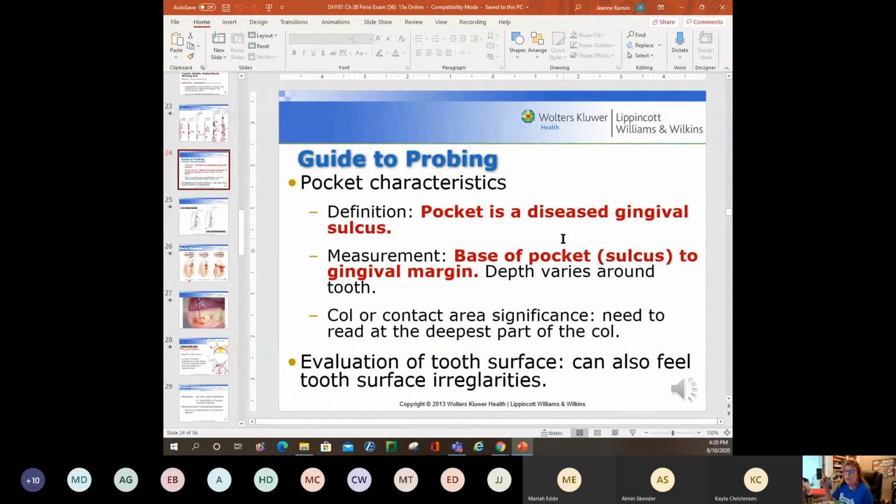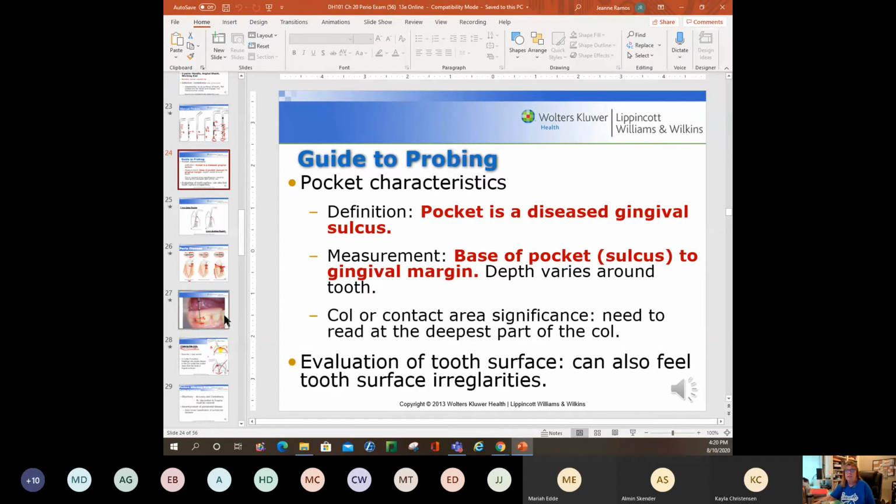The depth will vary around the tooth, and you measure from the base of the pocket to the gingival margin, wherever that gingival margin is around the tooth, and it could be at different heights. With the calculus or contact area, the significance is that you need to read at the deepest part of the pocket. That's a huge area that people sometimes miss, and it takes a while to learn to do that. We're also going to evaluate the tooth surface.